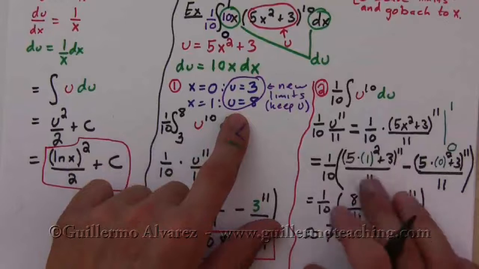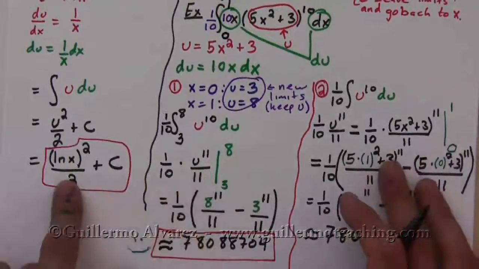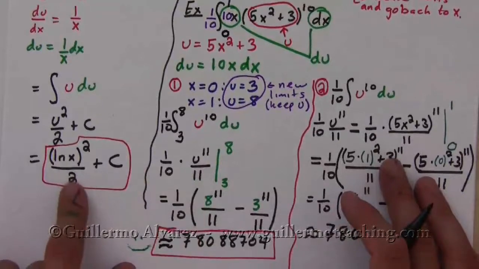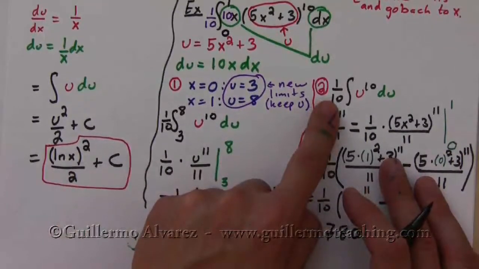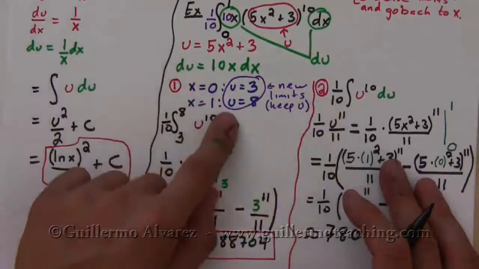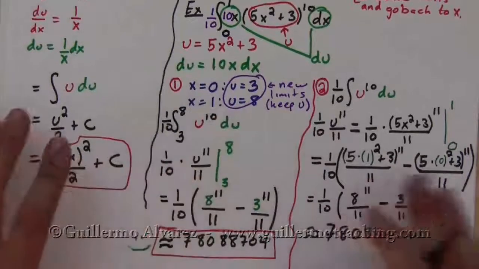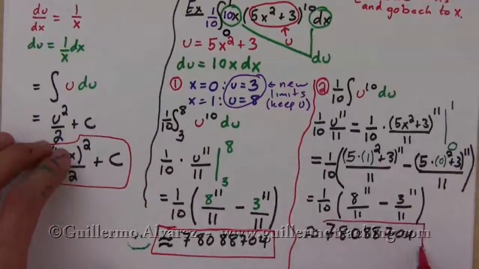Maybe leaving it as u's confuses you, because when we have an indefinite integral, we always go back to x's, so then you would probably want to do it this way. But maybe going back to x's confuses you. It's just really up to you. But notice that you get exactly the same answer.